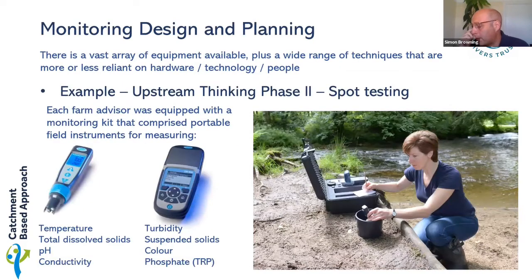So this is a bit more in depth on what we went for with Upstream Thinking. The fundamental piece of kit we used was the DR900, which is an optical instrument. You take it around the field, take a sample, place the sample in the instrument, and then via various means, adding reagents and or sending different wavelengths of light through, it can measure a whole host of different determinants.